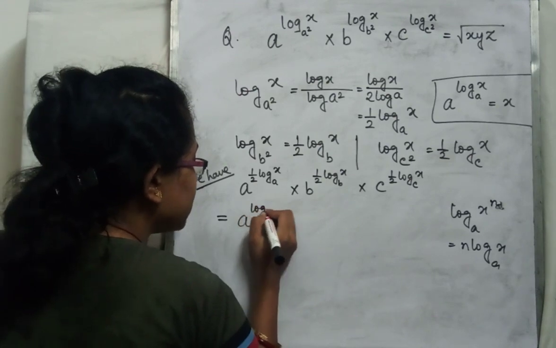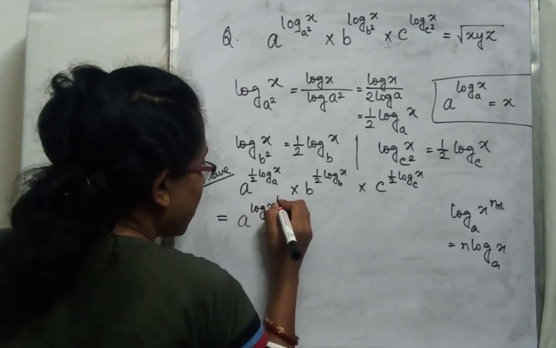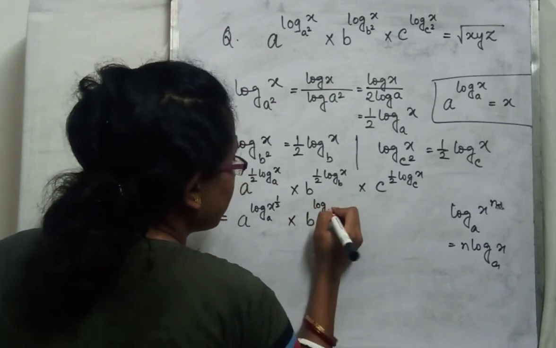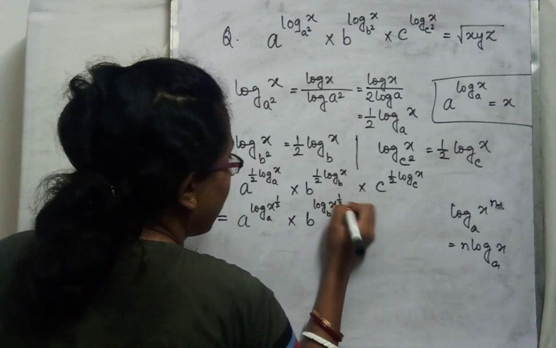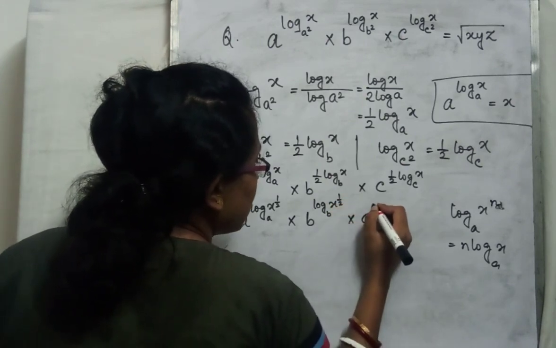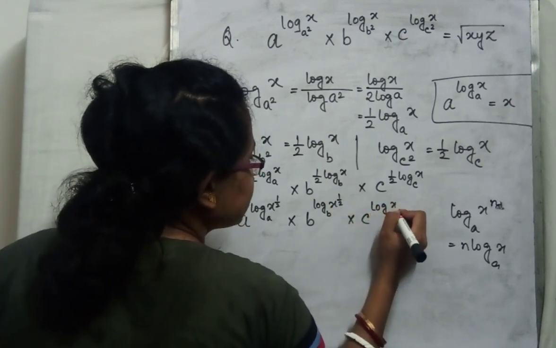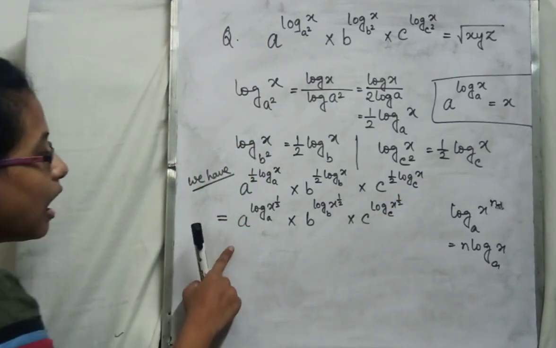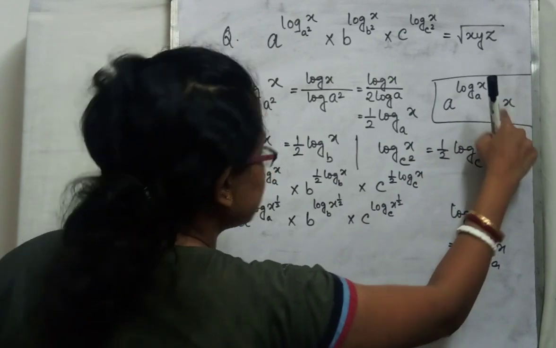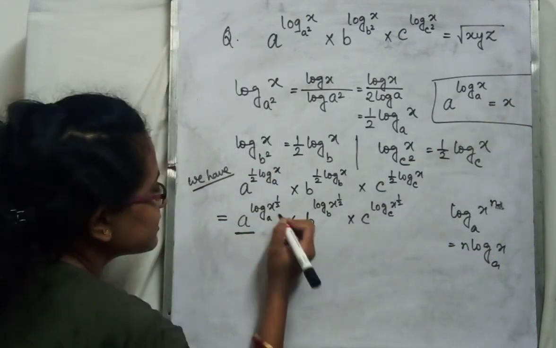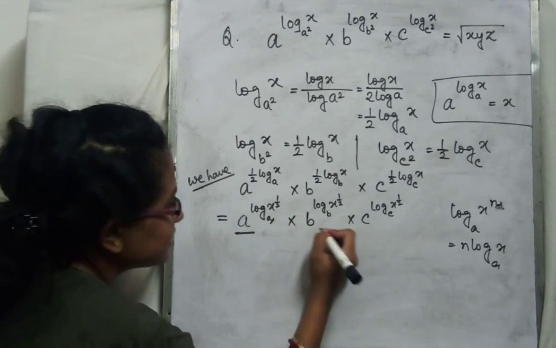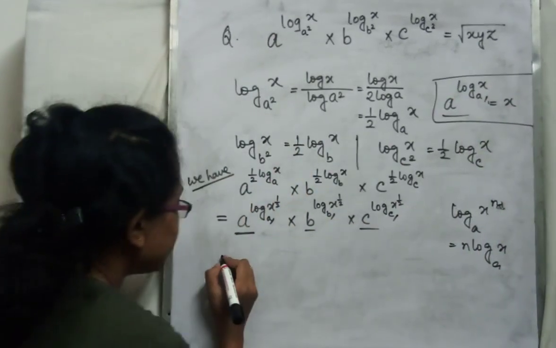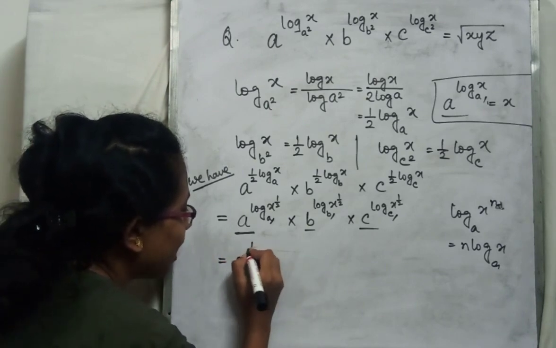So we should write here x to the power half, b to the power log base b of x to the power half, and c to the power log x base c to the power half. Okay, now we can use this formula because this base and this base are the same. See? So we can write here x to the power half.